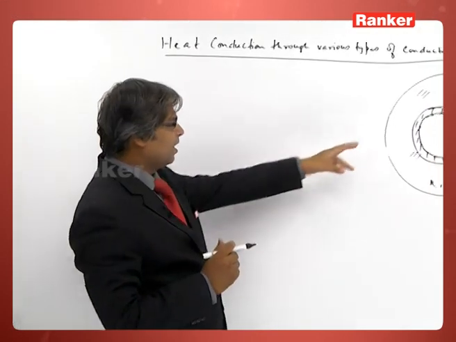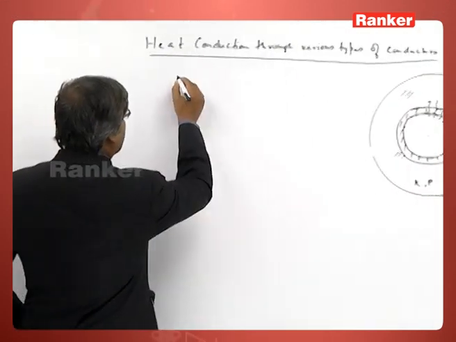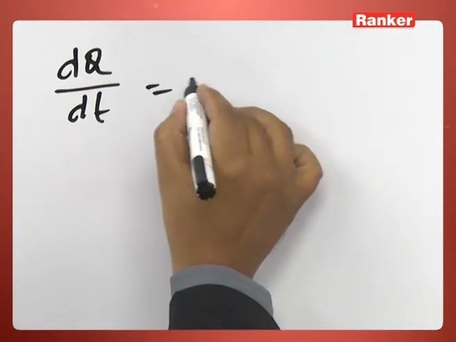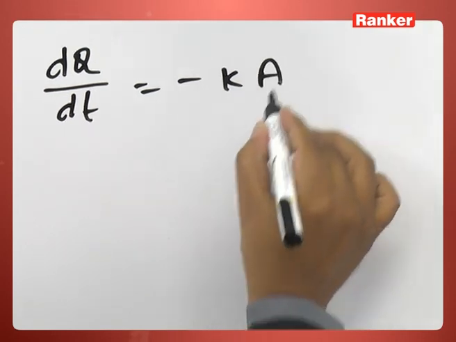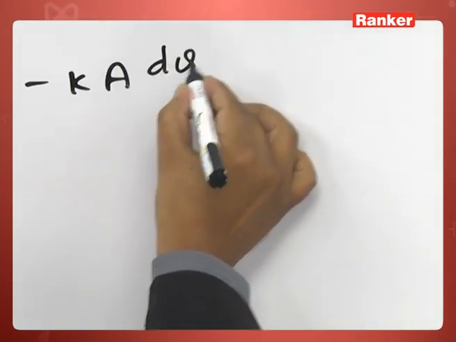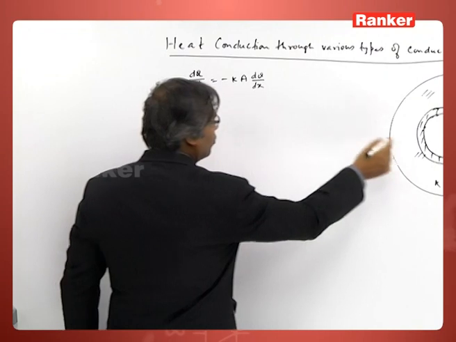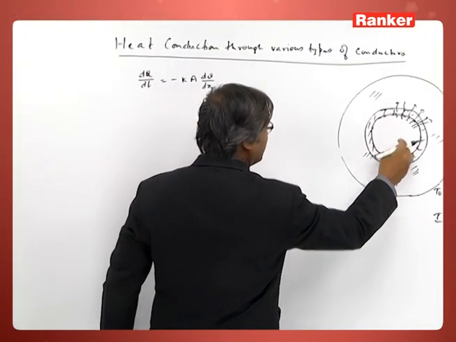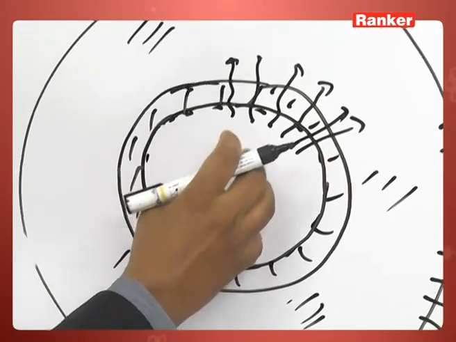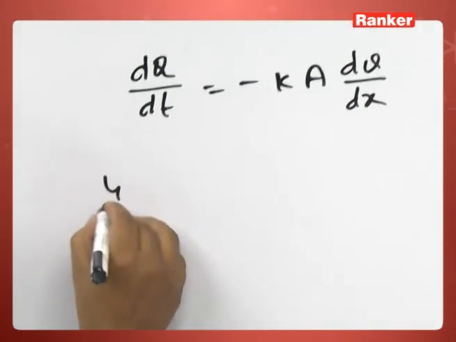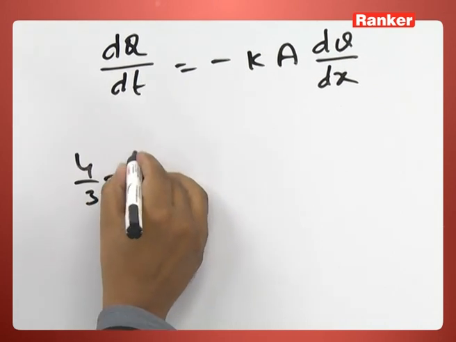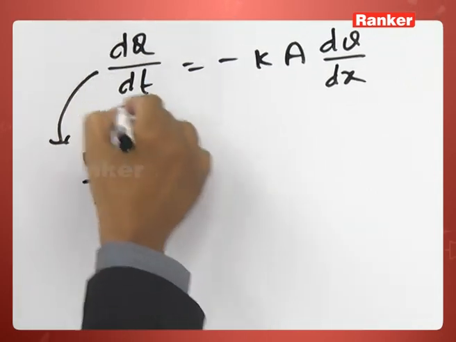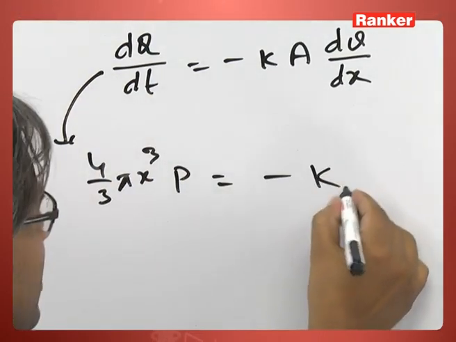Now, using Fourier's law, the rate of heat transfer dq by dt is equal to minus k A into d theta by dx. For this shell, the rate at which it must transfer energy is the rate at which the energy is produced inside it, that is 4 by 3 pi x cube into P. This is the same quantity dq by dt, minus k into area.